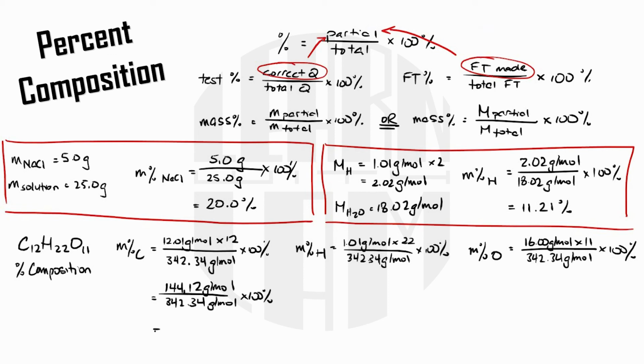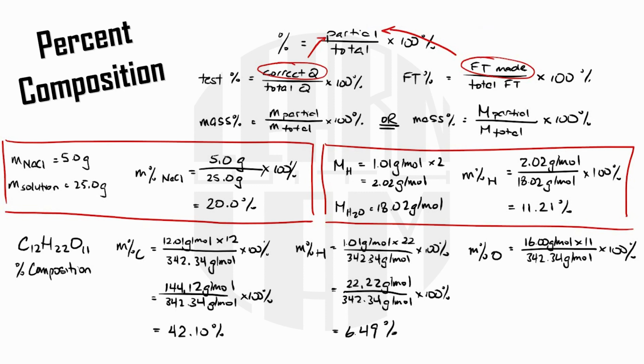So the mass percent of carbon in sucrose is 42.10%. For hydrogen, we have 22.22 grams per mole divided by the total times 100%, which gives us the mass percent of hydrogen in sucrose as 6.49%.